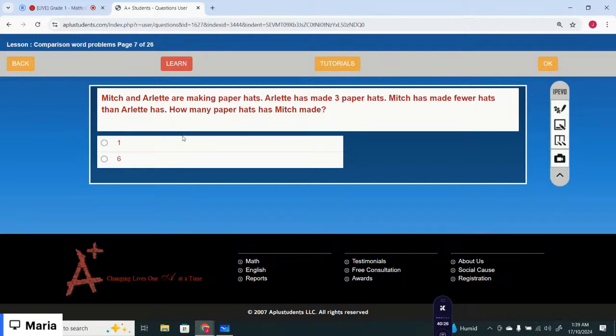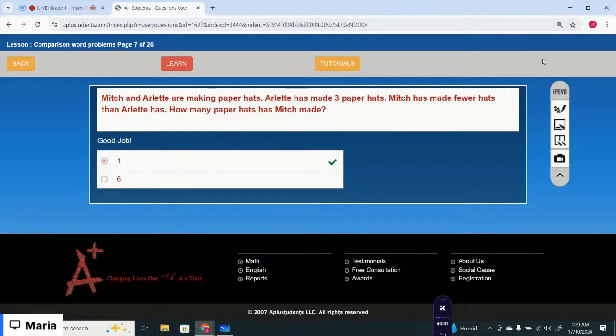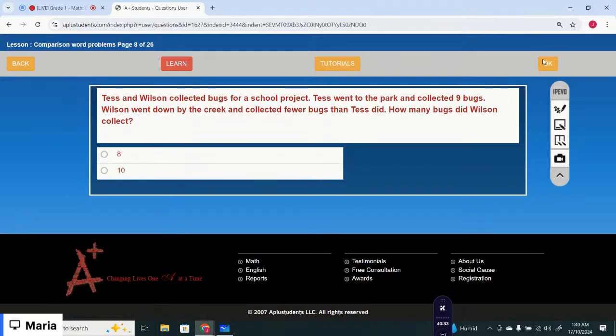Fewer than 3, right? So then he has one hat, Mitch made only one paper hat.